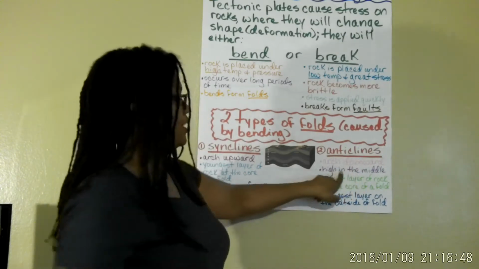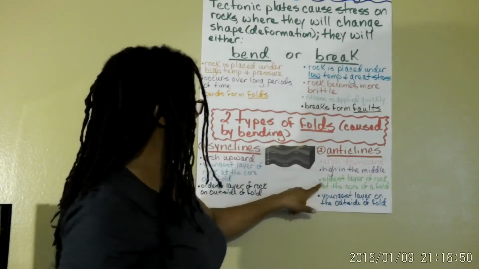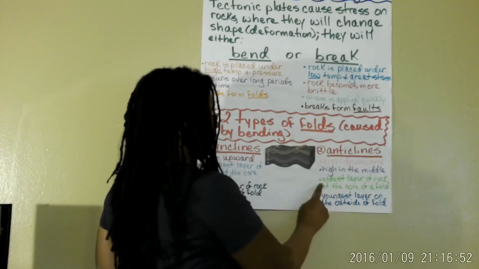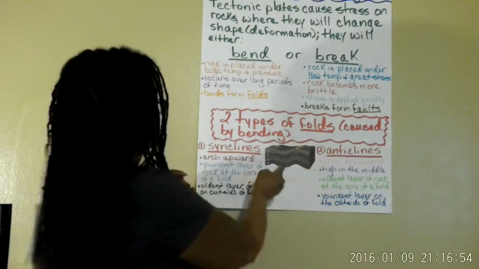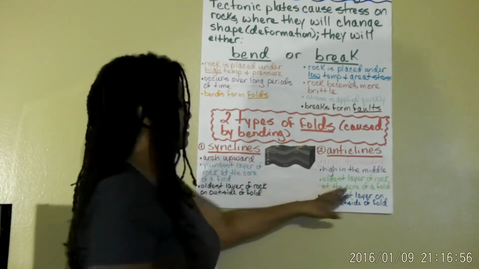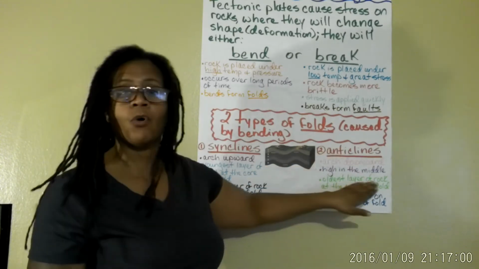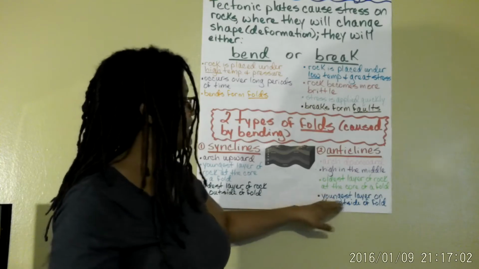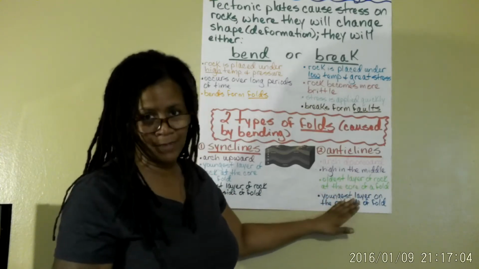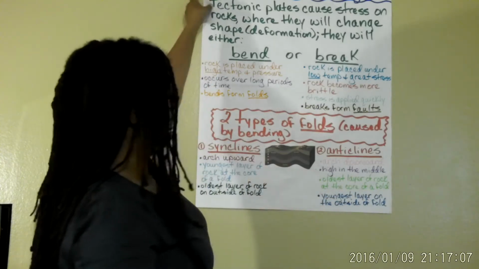It arches downward. It's high in the middle. Okay? And then the oldest layer of rock for an anticline, it's the opposite of syncline. So in an anticline, the oldest layer of rock is at the core of the fold, and then the youngest layer of rock is on the outside. Okay? All right, next page.